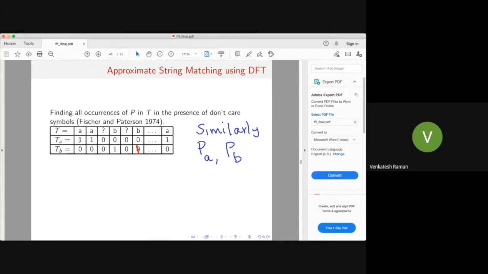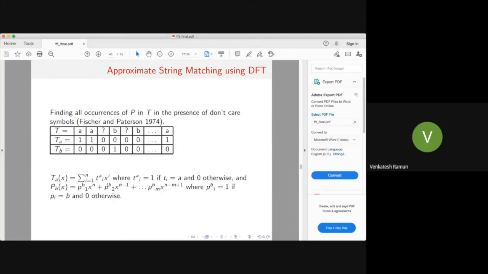So we'll create these polynomial coefficients. TA is 1 whenever you have character A, and 0 whether it's B or don't care. Similarly for TB, and similarly for the pattern. And we will construct this polynomial. TA of x is the summation: take these coefficients and put x power i on the side. And PB is slightly different.